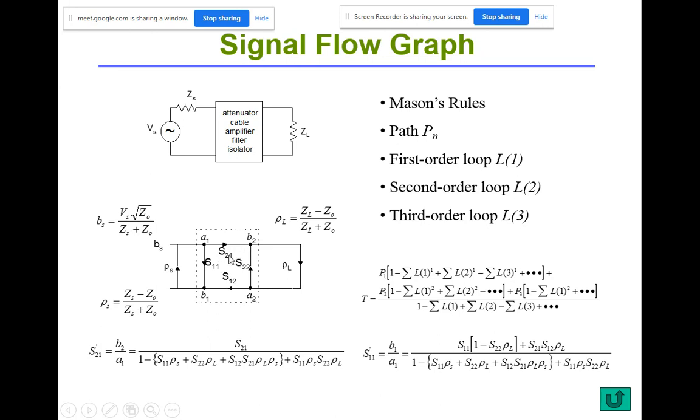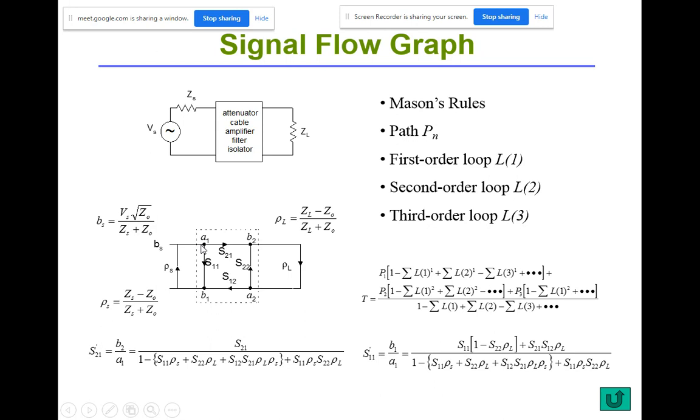And then there is a second path. You can go from here to the load and then come back. So this is another path. The path gain will be S21 times rho L multiplied with S22.